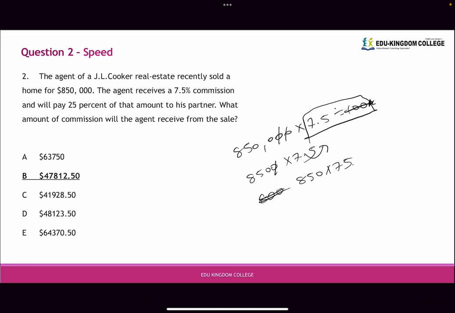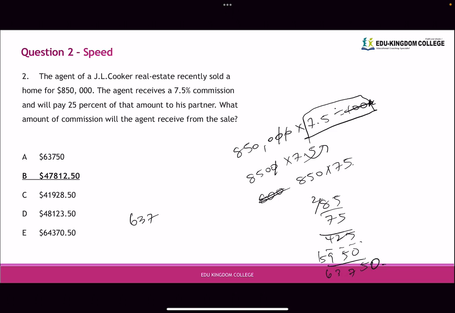Now, I'll do this really quickly. 85 times 75, and then I'll multiply that by 10 in a little bit. 5 times 5 is 25, 5 times 8 is 40, plus 2 is 42, 7 times 5 is 35, 7 times 8 is 56, and then add the 0 at the end, because we need to multiply it by 10, because it's 850, not 85. Alright, 63,750.